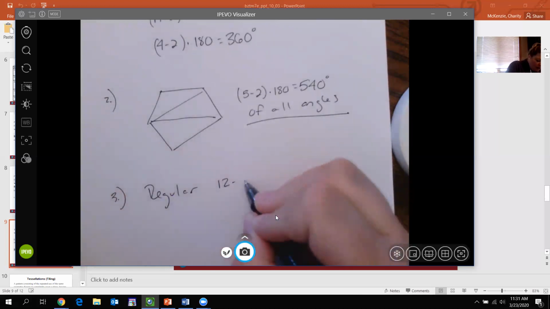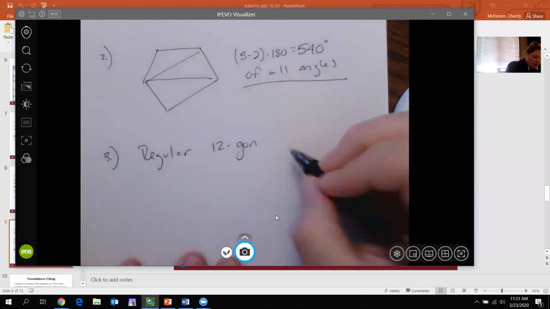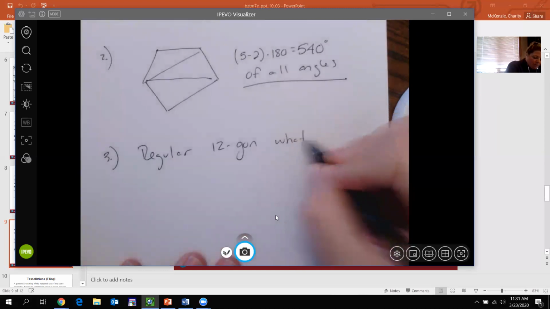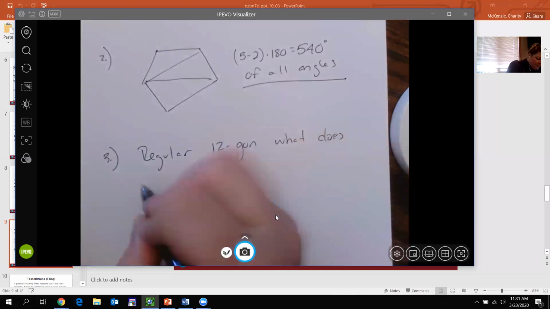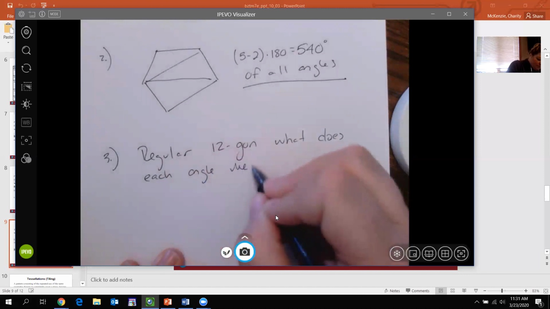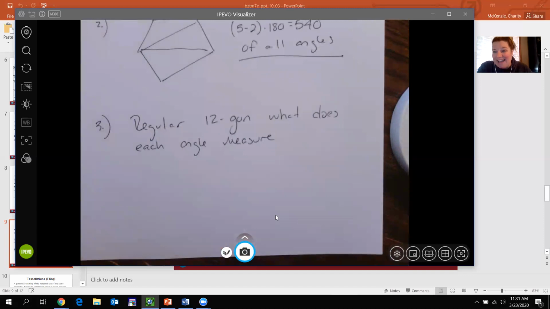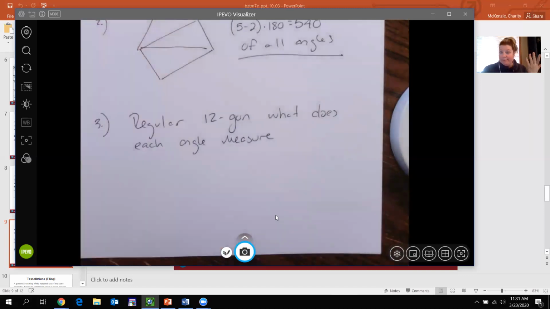What I can do with this information is, if I have a regular 12-gon, what does each angle measure? This is one I can't really draw. I can't use my little triangle trick. So what would I do for this? Well, it's got 12 sides and it's regular.